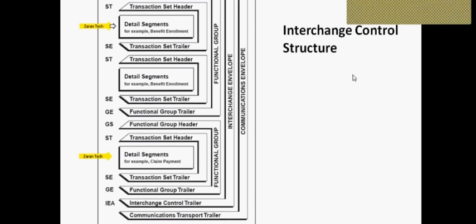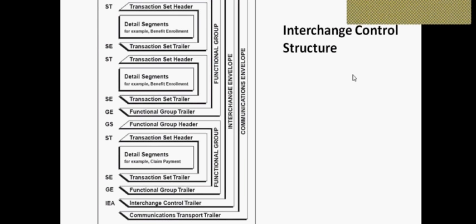For example, this will be provider A, this will be hospital B, and this will be hospital C. So it has a header and a trailer. That means the header and trailer will have amounts, sum of amounts, and counts of the claims, so it matches up. That's how we cross-check whether the information contained in the detailed segment is matching or not. Then one level higher, it's called a group header, with some group level information. And then the third level of the outer loop is called your communication envelope, right?